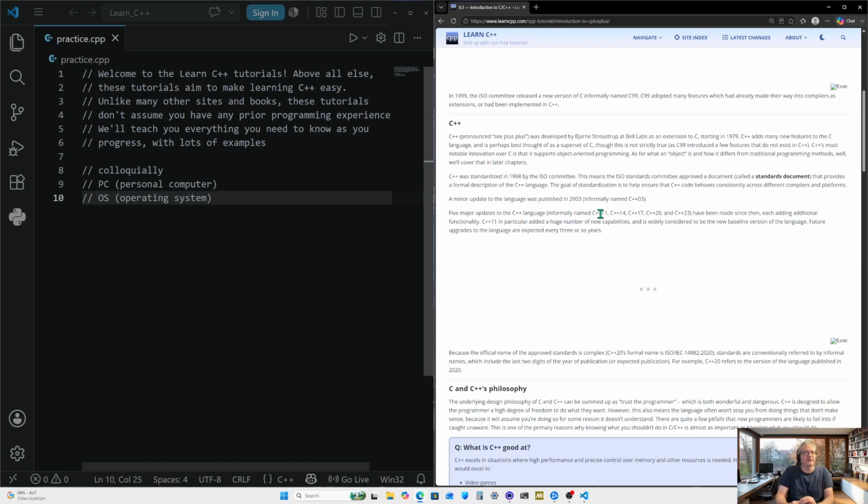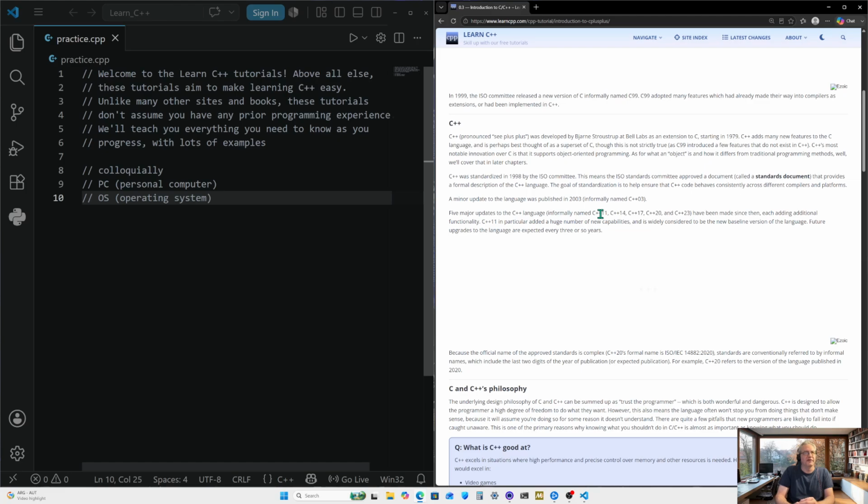As an extension to C, starting in 1979, C++ added many new features to the C language and is perhaps best thought of as a superset of C, though that is not strictly true, as C99 introduced a new feature that does not exist in C++.